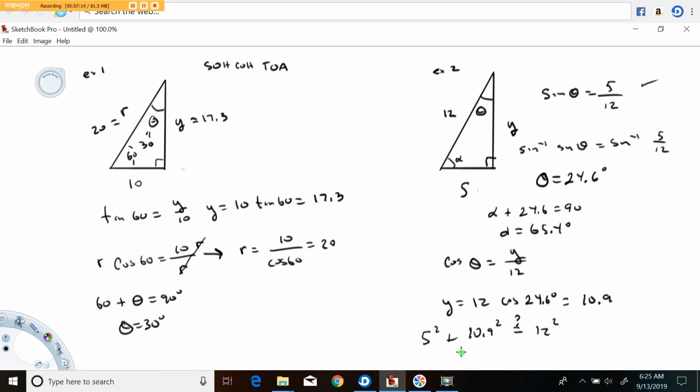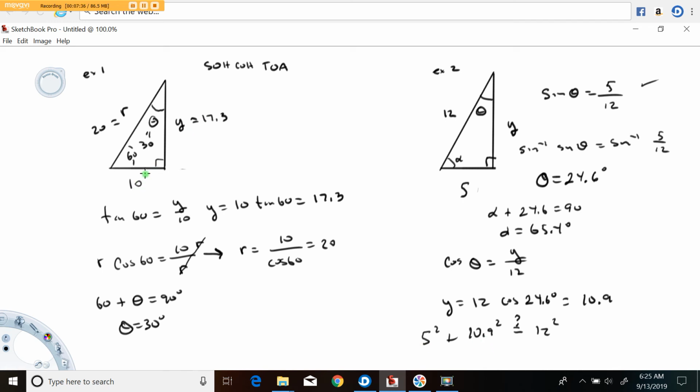Now, we rounded, so this right-hand side is 144 exactly, but these are rounded values, or at least this one is. So you'll probably get something like 143.8 or 144.2, but something very close to 144.